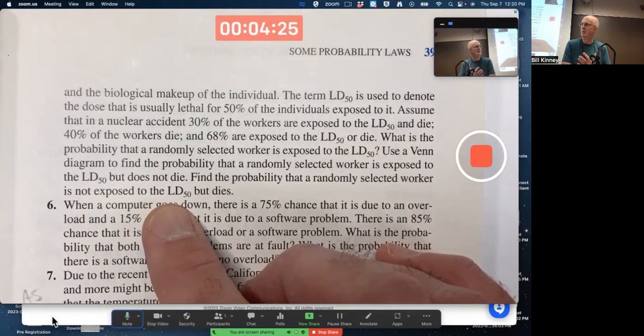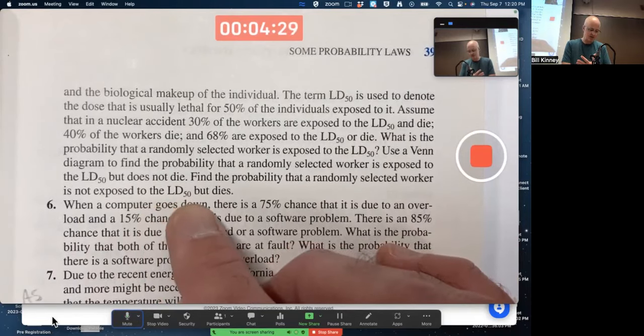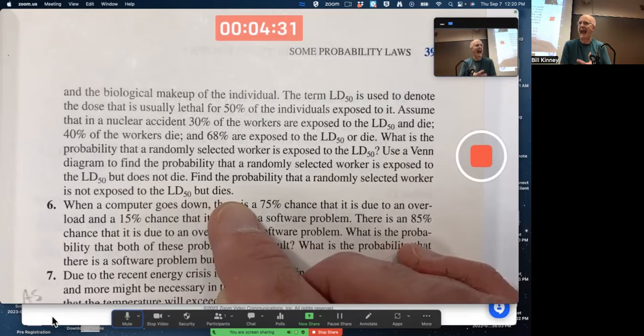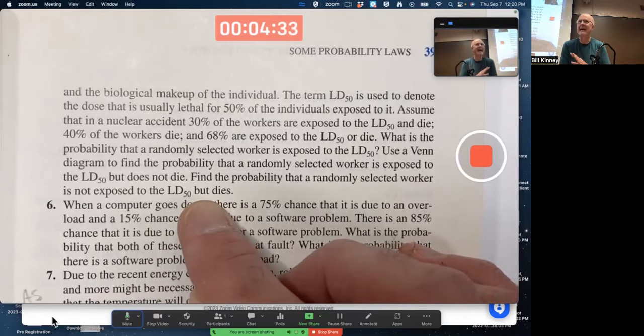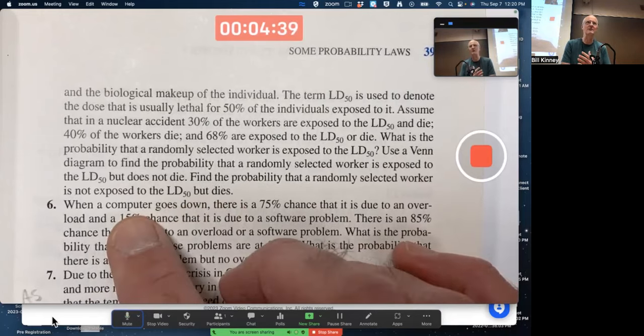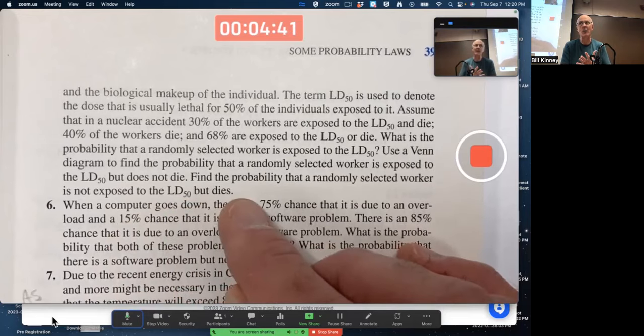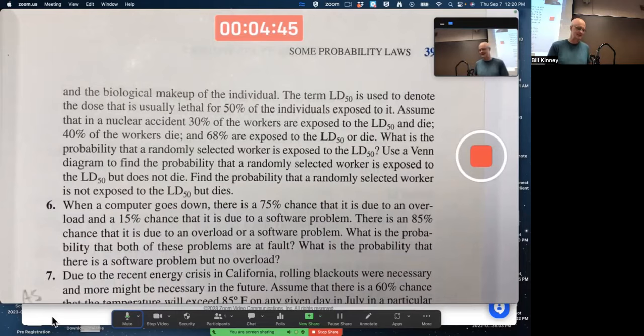It's like LD prime, the complement of LD. But die really means and die. So sometimes the and is kind of hidden. The but here really implies not exposed and they die anyway. The but is just for emphasis. So all that goes into the problem solving.